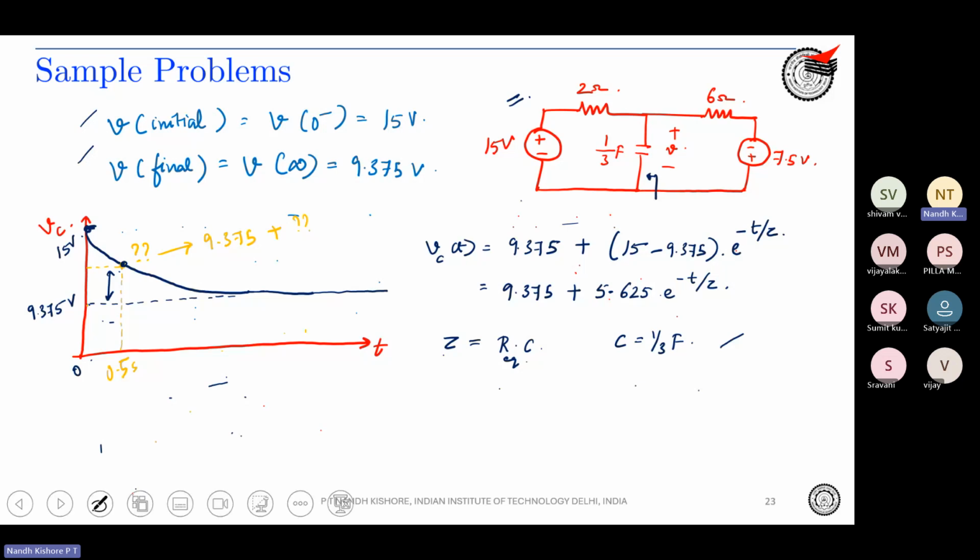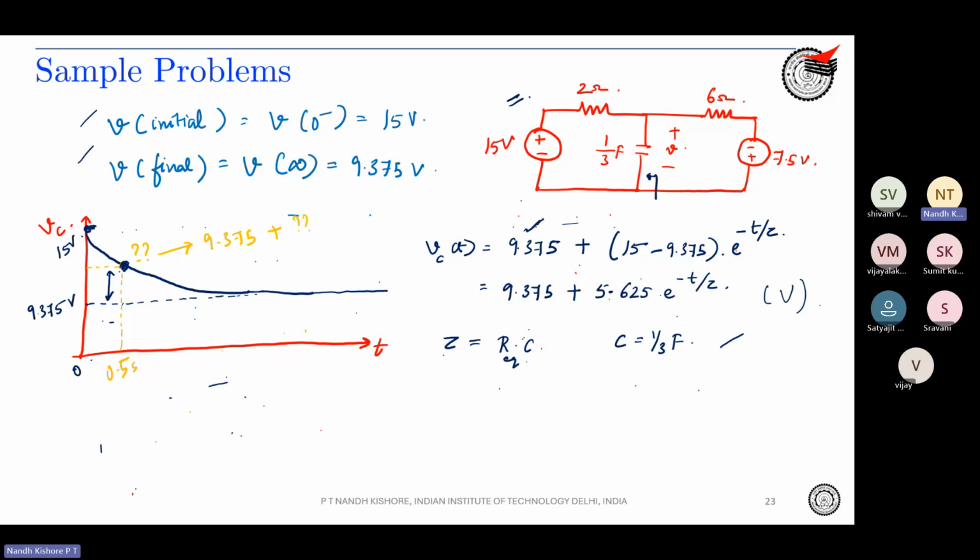You see that there is a DC shift of 9.375. So at 0.5 seconds, what will be the voltage? It will be 9.375 plus something. So 9.375 plus whatever is the difference, 15 minus 9.375, into e power minus t by tau. This is the voltage across the capacitor.